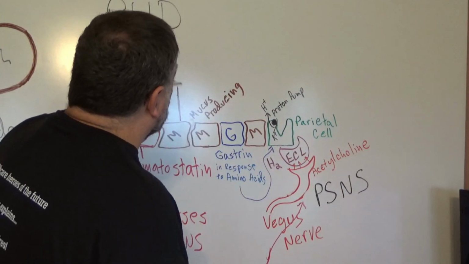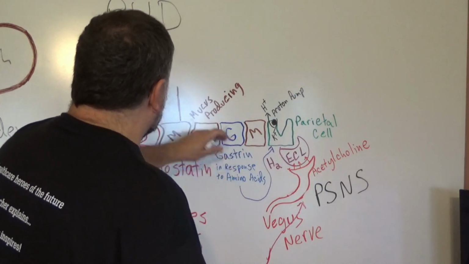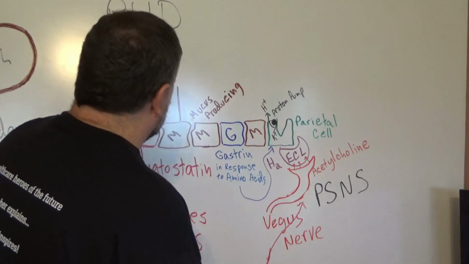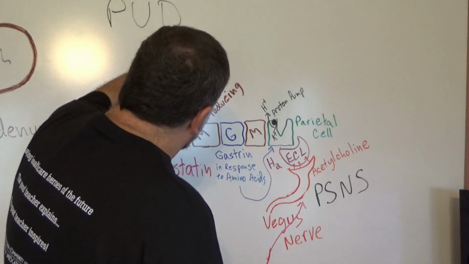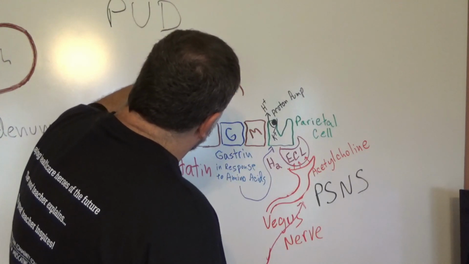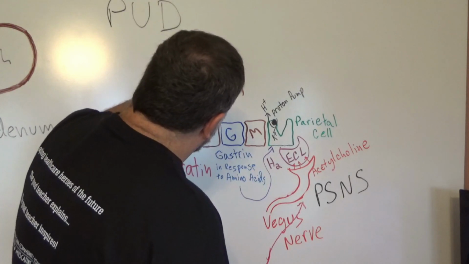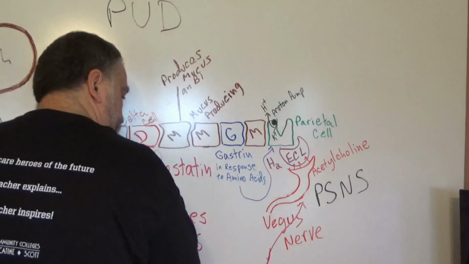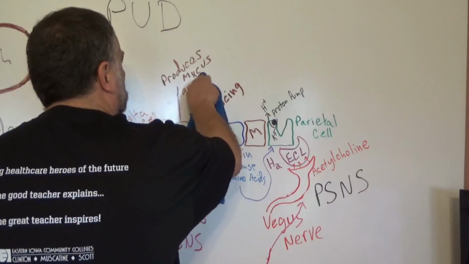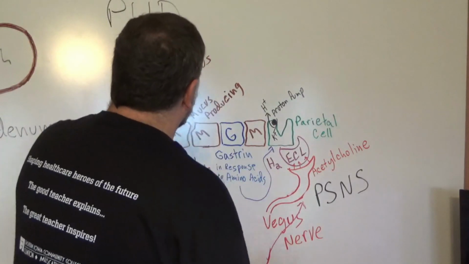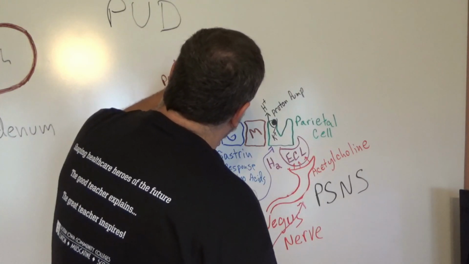What it's carrying out is producing mucus in response to the high acid, and bicarb. You know what, I'm not going to write bicarb. I'm going to write it the way that you shouldn't get used to seeing it: HCO3.